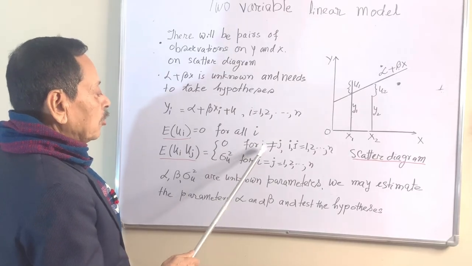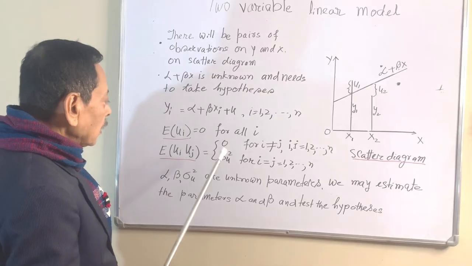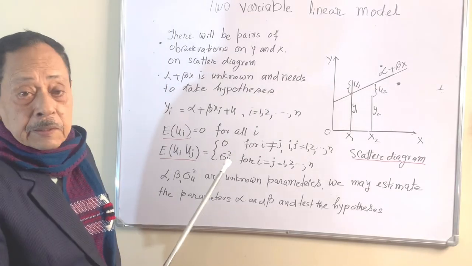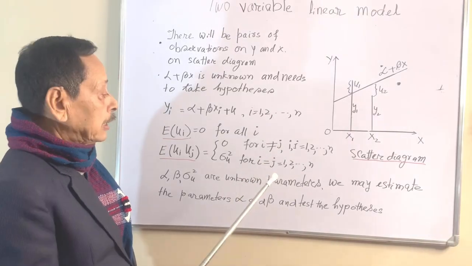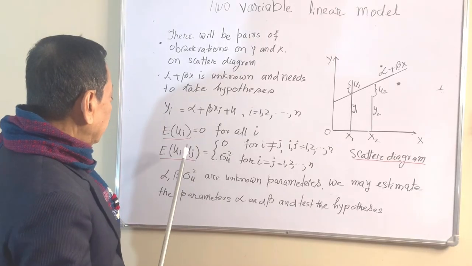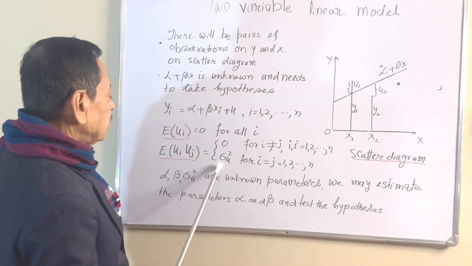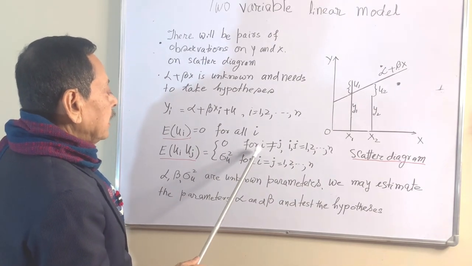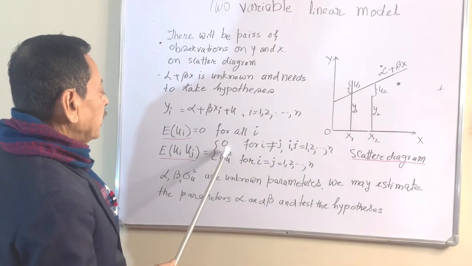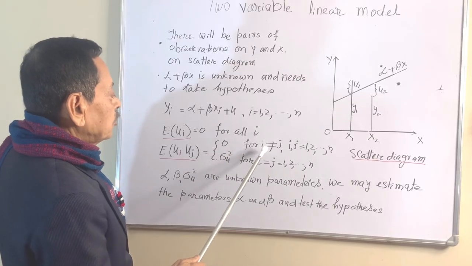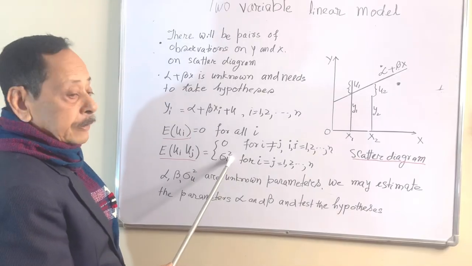These things will be more clear when we go on to estimating alpha and beta in the linear model in econometrics. Expected ui uj is generally the covariance, and for i equal to j, expected ui squared is the variance, sigma u square. So we say that covariances should be 0 and variance should be sigma square, a constant.